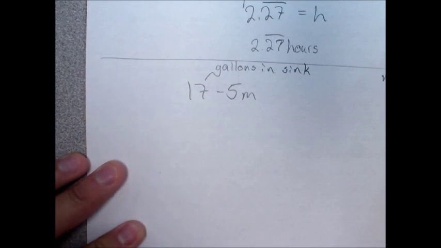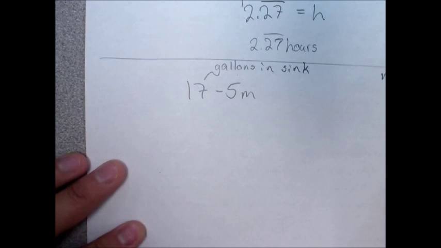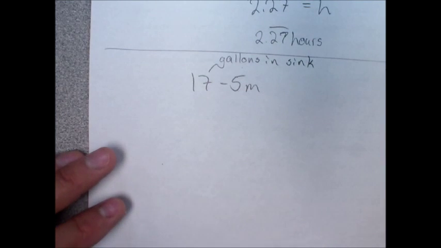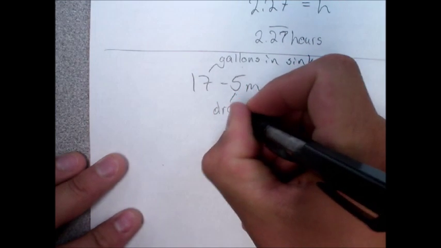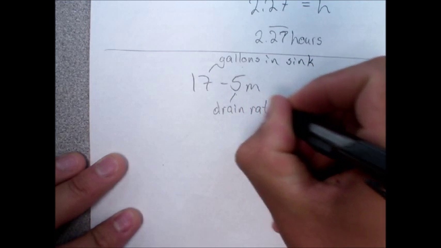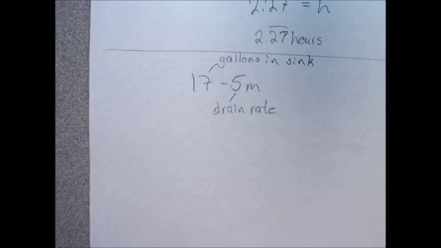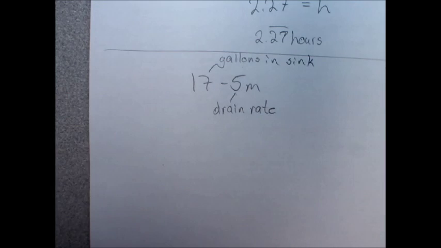So it's losing at 5 gallons a minute. So what would I call that? It's rate, right? So drain rate. All right, so it's going at 5 gallons per minute down.